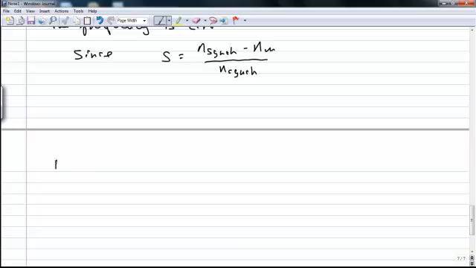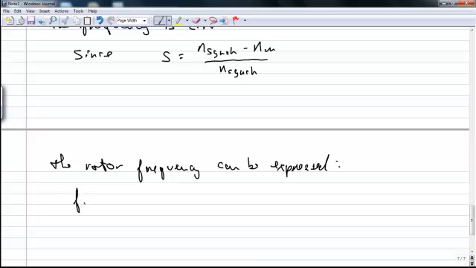We can express the rotor frequency F sub r is equal to S times F sub E. So if we multiply the slip, whatever slip we're operating at, times the electrical frequency, that's the frequency that we'll get on the rotor.